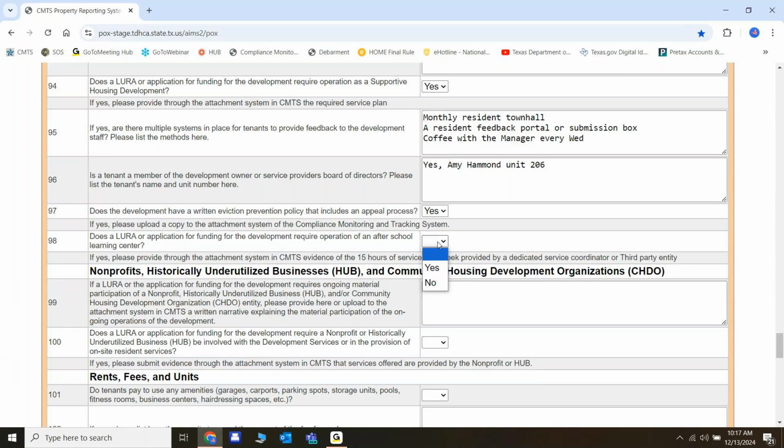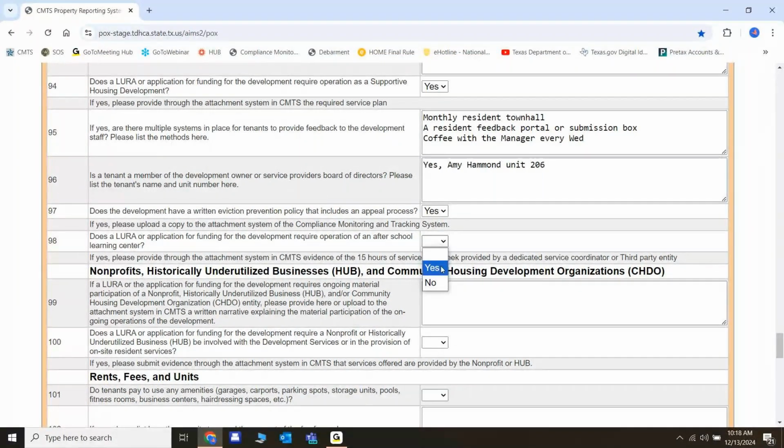It's where your developer got awarded funding in an area that did not have a school system operating at the highest level. So they didn't get a good rating, but we are doing a mitigation for school in your land use restriction agreement so that you can still build this development.